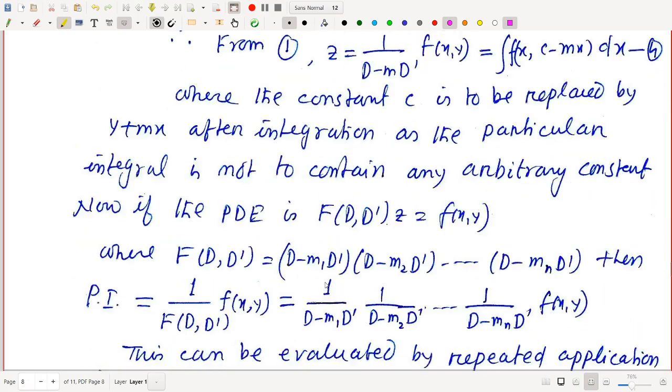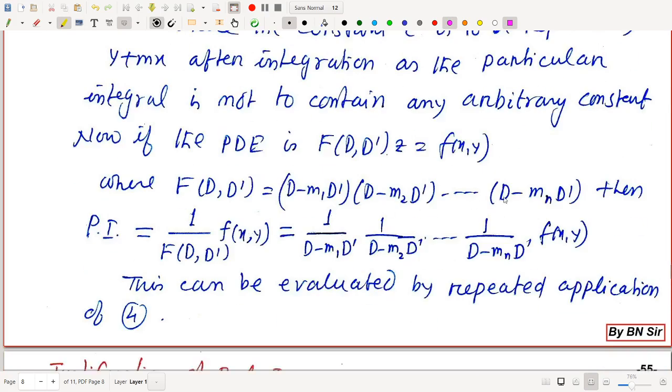Now, if the PDE is f(D, D')z equal to f(x,y), where f(D, D') is factorizable like (D minus m1 D')(D minus m2 D')...(D minus mn D'), then the particular integral is 1 by f(D, D') f(x,y), means 1 by (D minus m1 D') into 1 by (D minus m2 D') ... 1 by (D minus mn D') operates on f(x,y). First we shall find this, and then it will be a function of x and y.